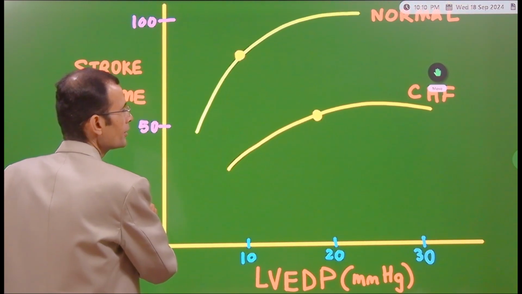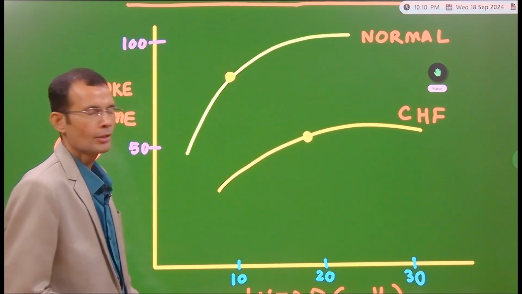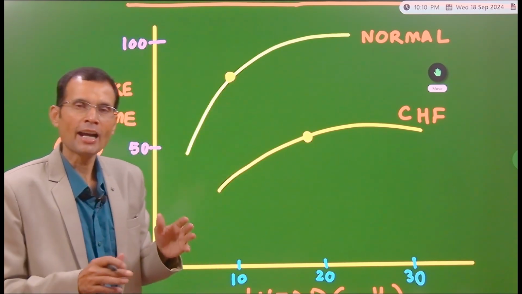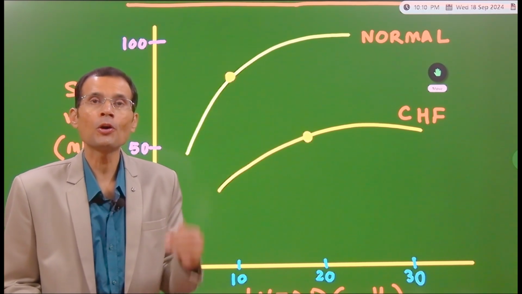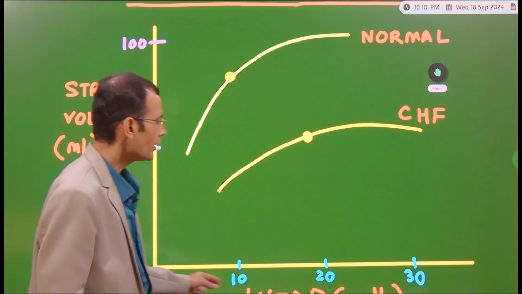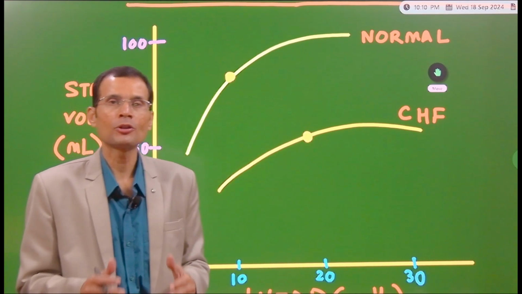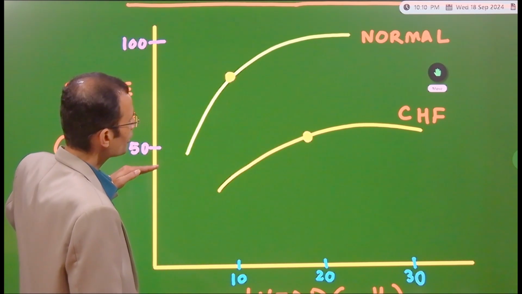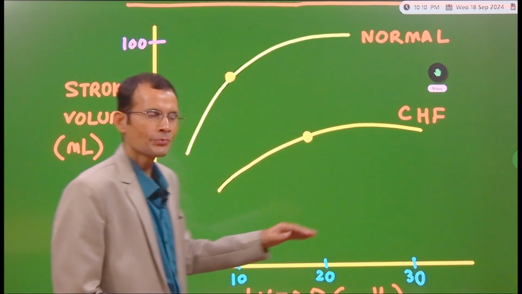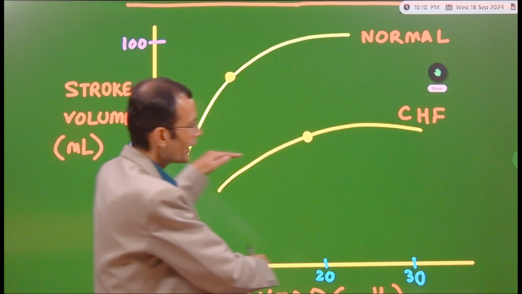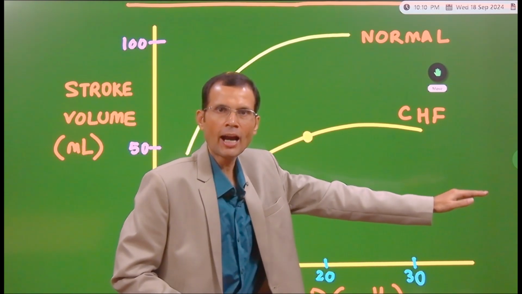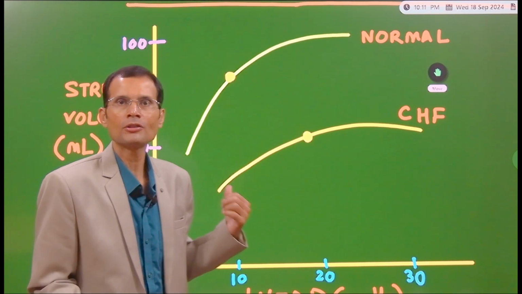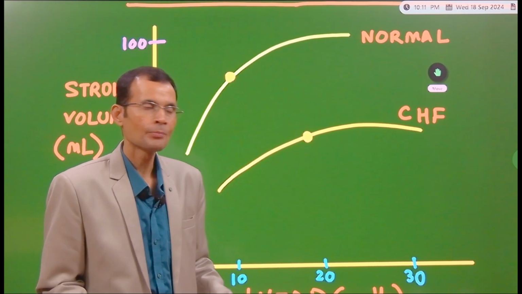Now, when we plot this curve, if the curve is going up on the vertical axis, that means stroke volume is higher and left ventricular end diastolic pressure is less. And if the curve is going flat like this, that means left ventricular end diastolic pressure is increasing and increasing, but the curve is not going up on the vertical axis, that is, stroke volume is not increasing.